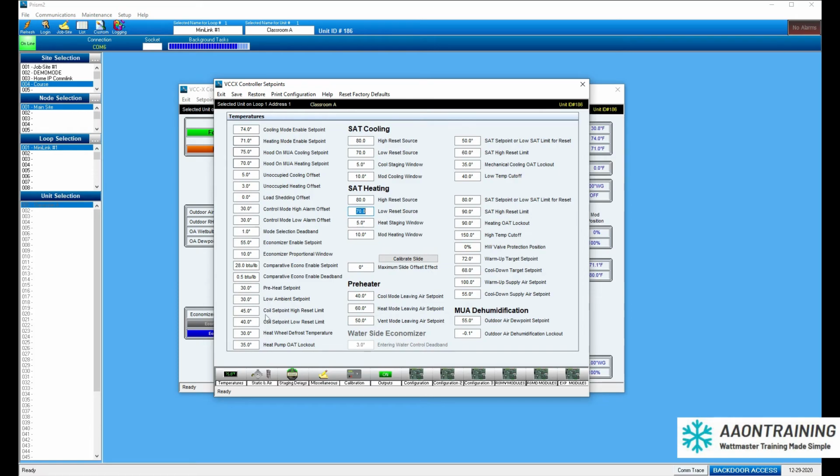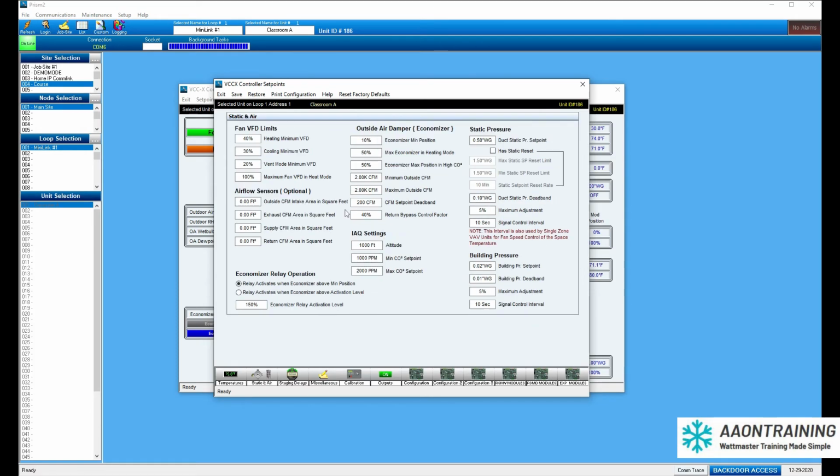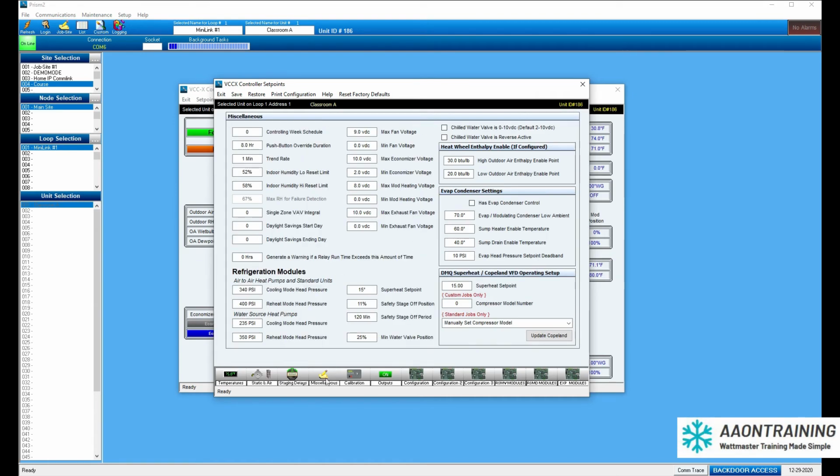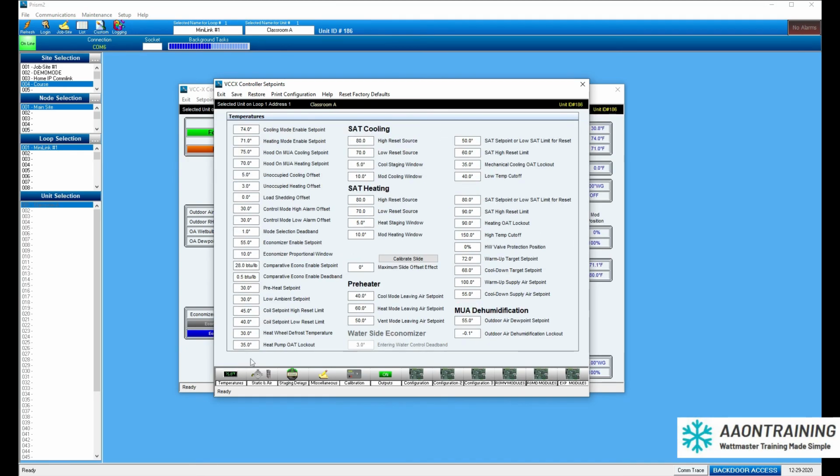And then if you are using the space sensor, you're going to be down here, I believe in miscellaneous, you're going to be using the indoor humidity set points. So basically dehumidify down to 52, then stop, start dehumidifying at 58%. Things like that. The default is actually 50% and 60%, but I like a little bit tighter control, typically speaking, so that's why I usually adjust those a little bit.